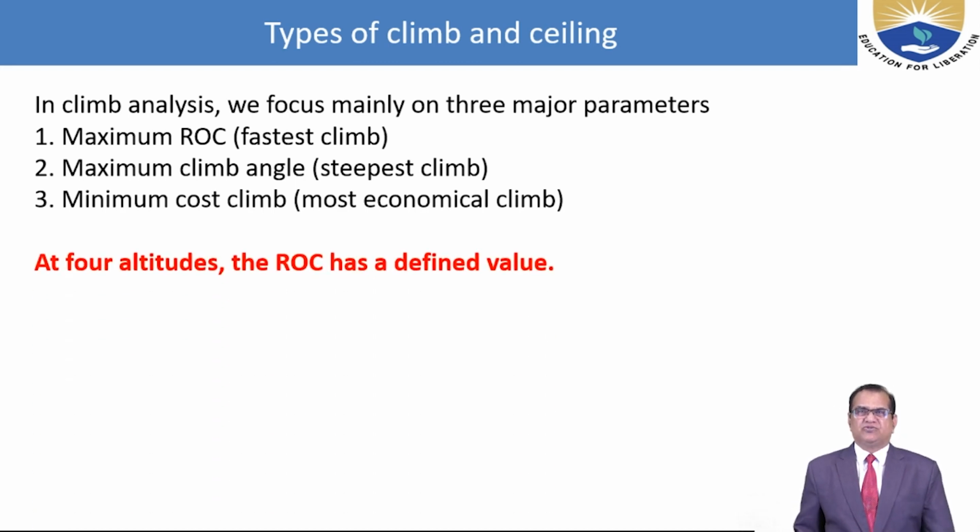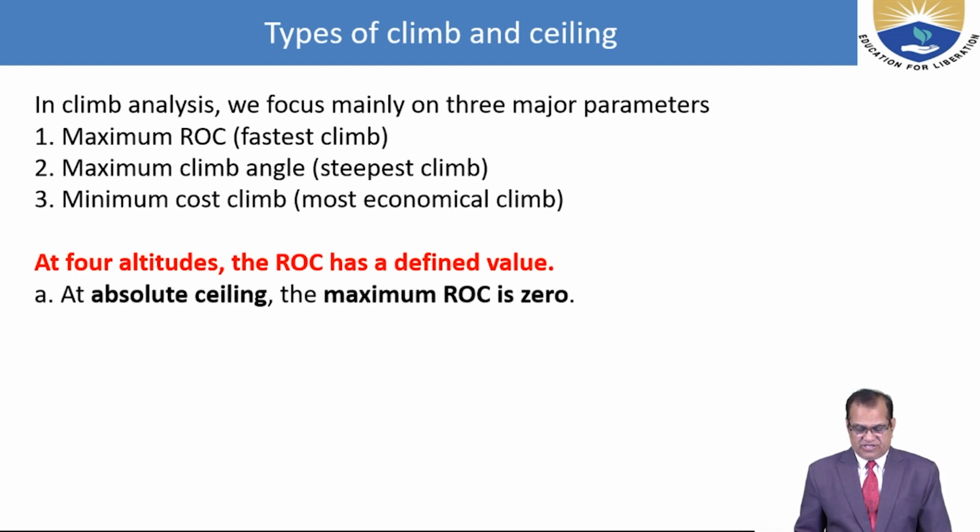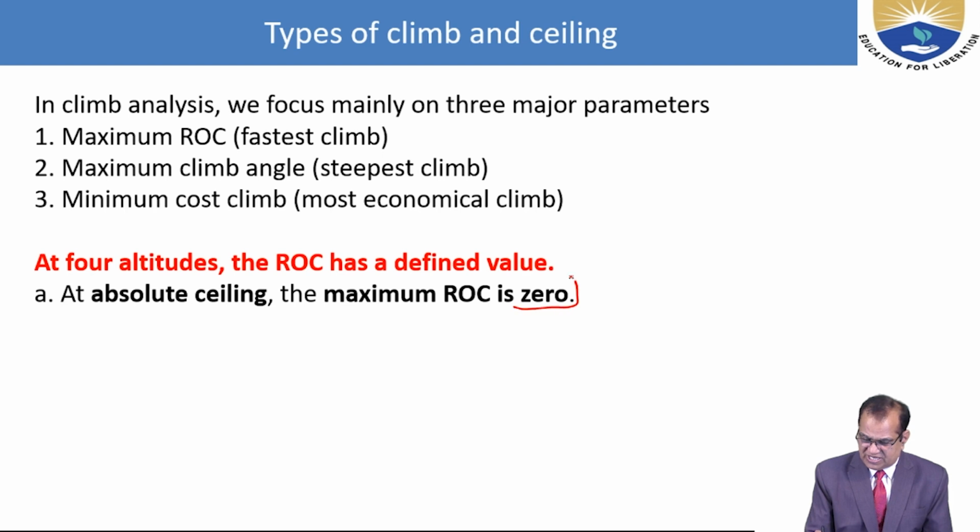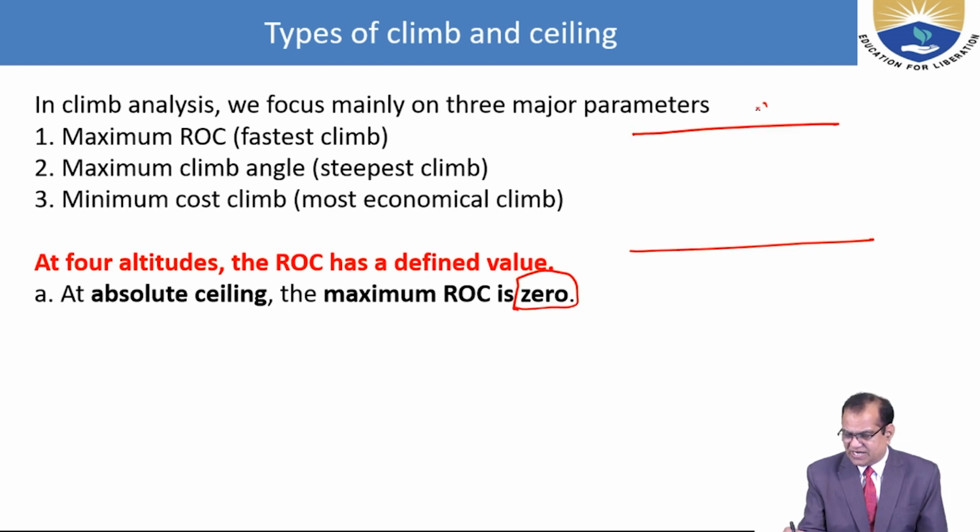At each altitude, the rate of climb has a defined value. So we have some altitude, and for each altitude we have some defined rate of climb. At absolute ceiling, the maximum rate of climb is 0. If your aircraft is here at the absolute altitude, no climb.